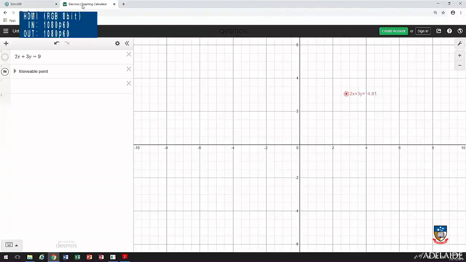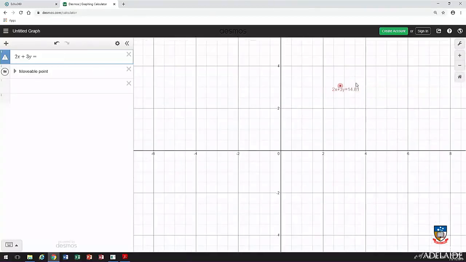So I might have a formula 2x plus 3y equals something, and I might move this point around and see what it does. Just made it bigger.